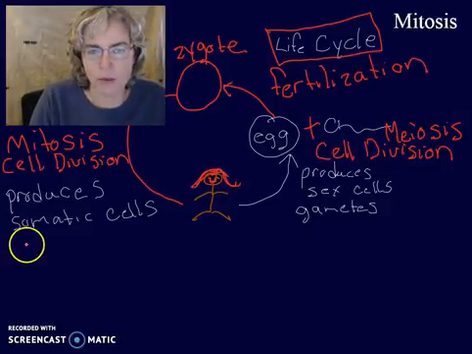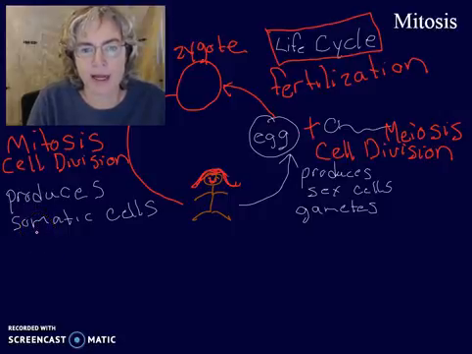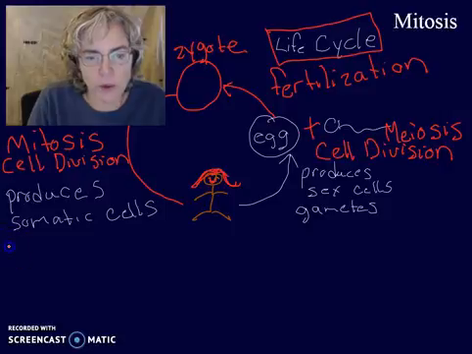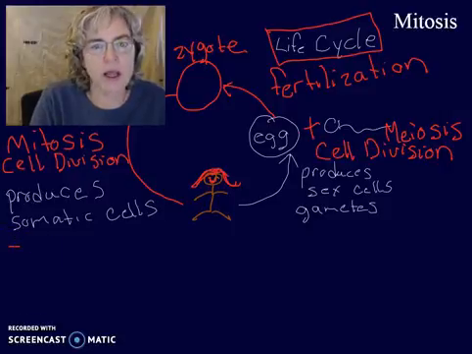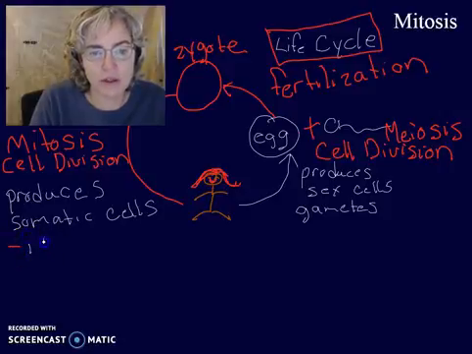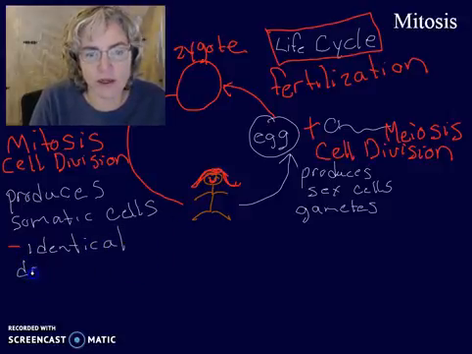Okay, so we're producing somatic cells in cell division with mitosis. We want to produce identical daughter cells.